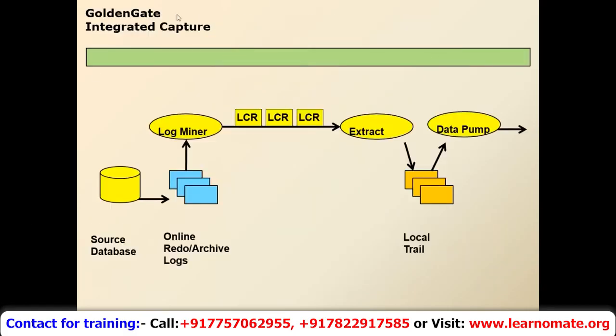However, in integrated capture, there is one more layer in between, log miner. So how come the performance of integrated capture is faster than classic? Anyone would like to answer this? What do you think? How can the performance of integrated capture be faster than the classic one?